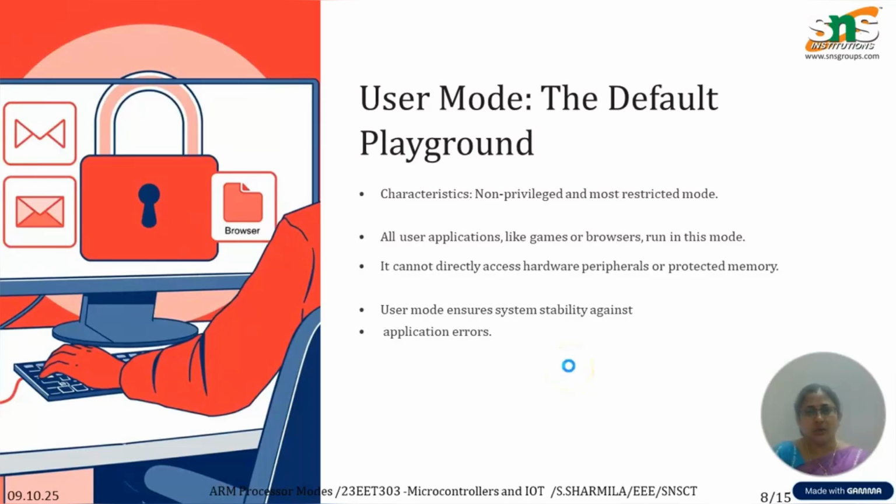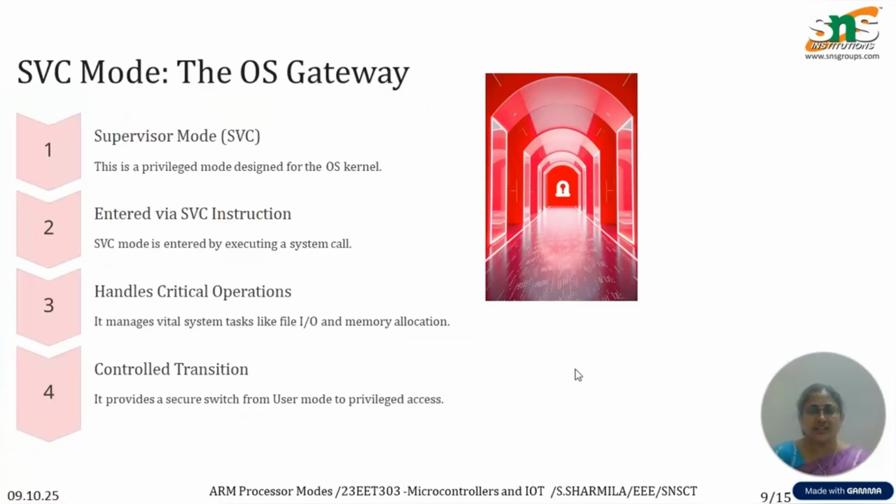Now let's move on to the SVC mode, the OS gateway. When an application needs to perform a privileged action like writing a file, it must request help from the operating system.